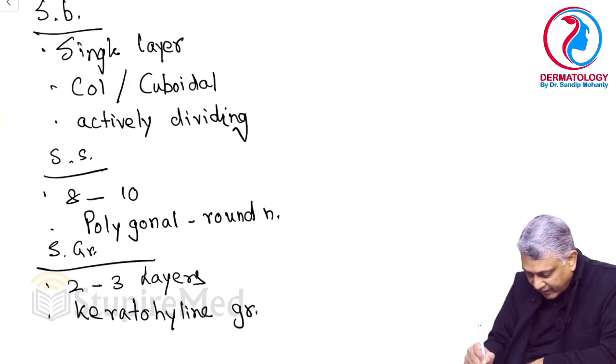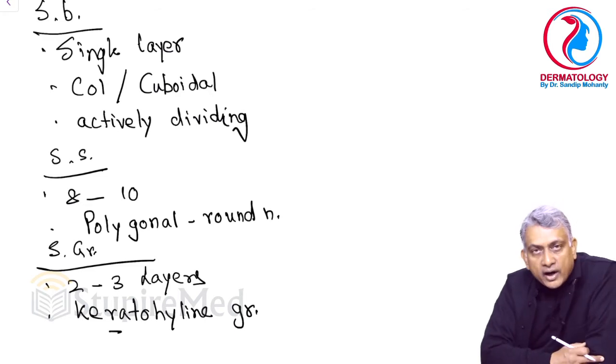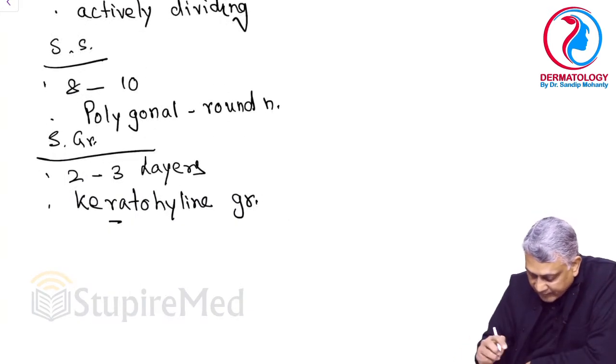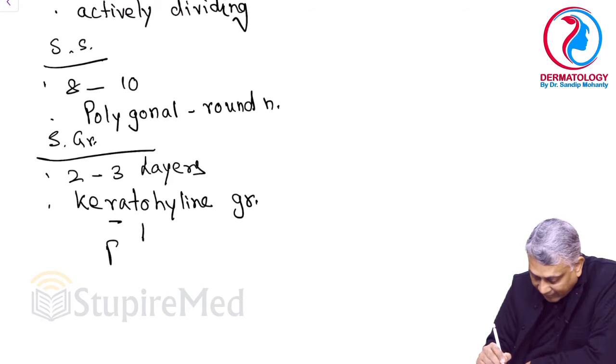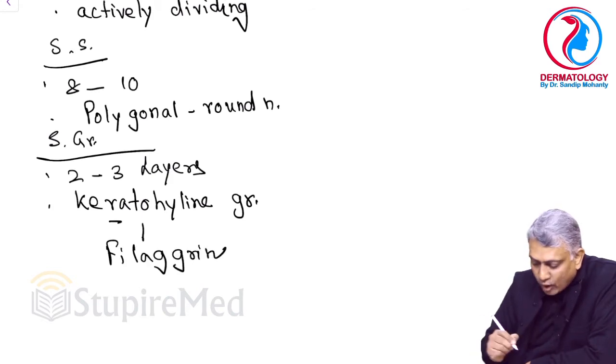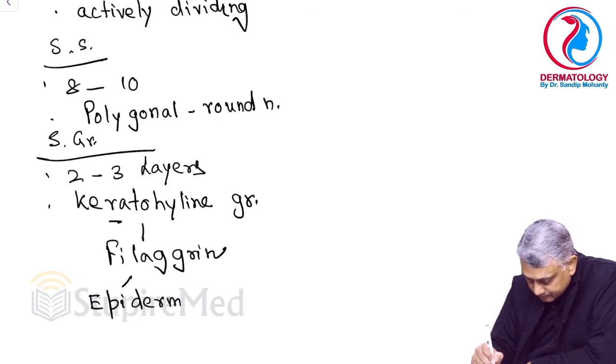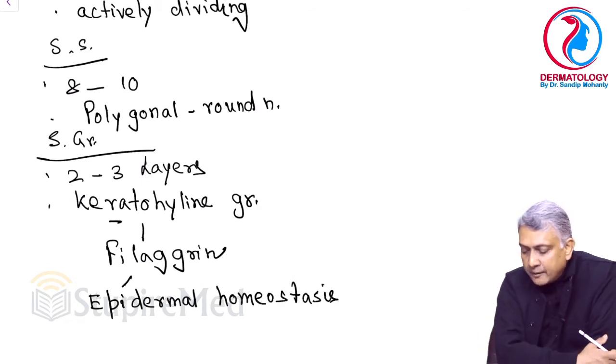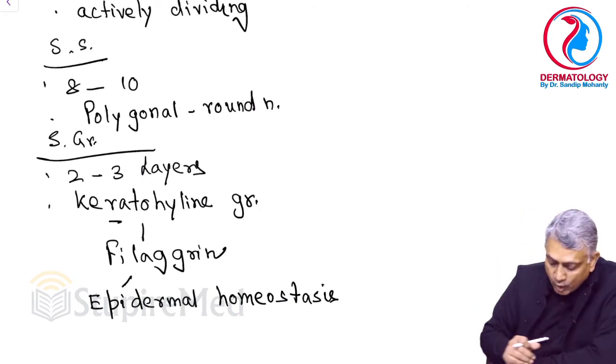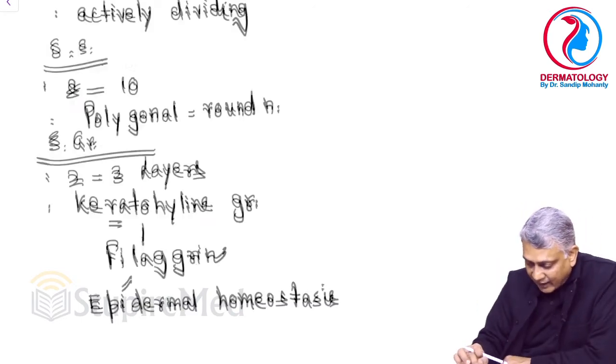What is the importance of these keratohyaline granules? They produce profilaggrin or filaggrin. Filaggrin is important for maintaining epidermal homeostasis. So this is the importance of stratum granulosum.